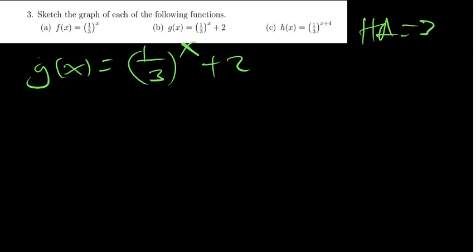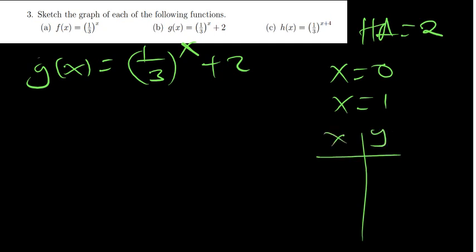Okay, that is our horizontal asymptote. Now after identifying the horizontal asymptote, it is going to be very easy. I put my horizontal asymptote at 2, and I equate the power equal to two things, 0 and 1. Okay, so I'll do this x, y.